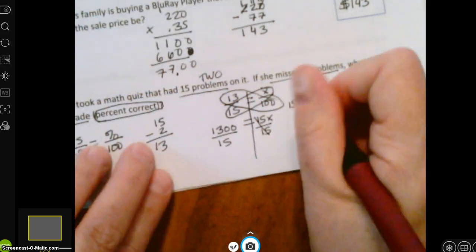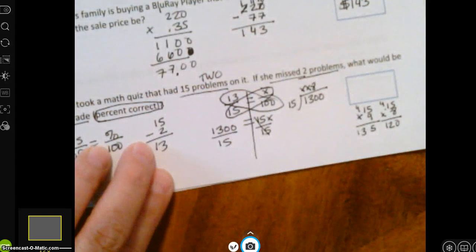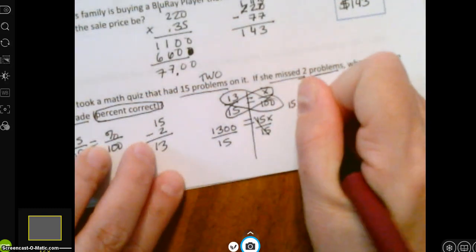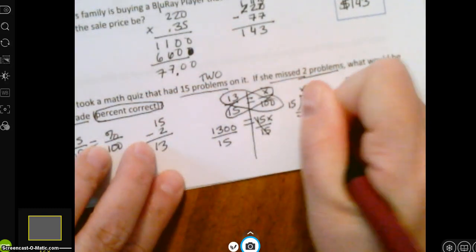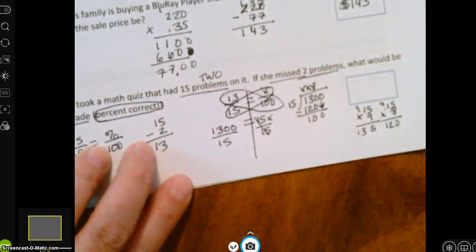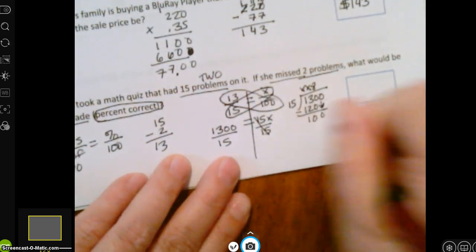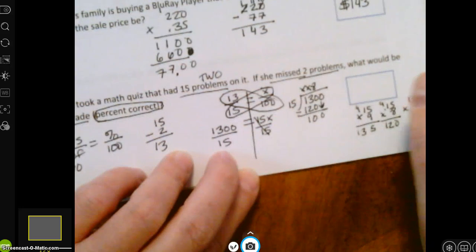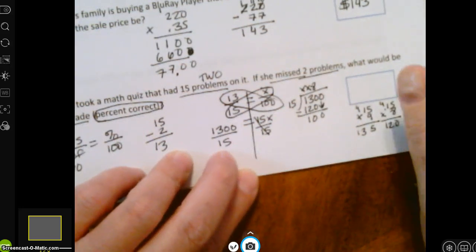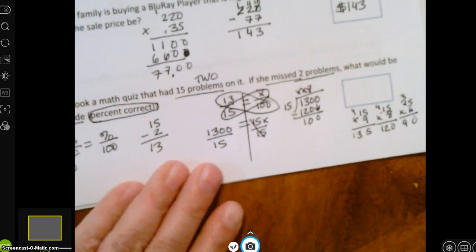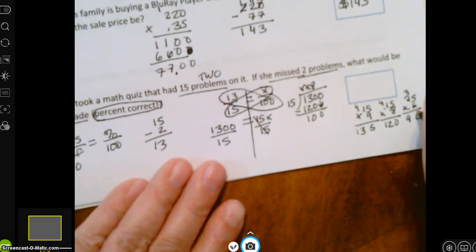So it goes in 8 times, so this person has an 80-something. 120. 10 left, pull down a 0, so 100. So it's got to be close. So I'm going to go with 15 times 6. 6 plus 3, 9. So 90 is going to be our number here, so that's going to work.